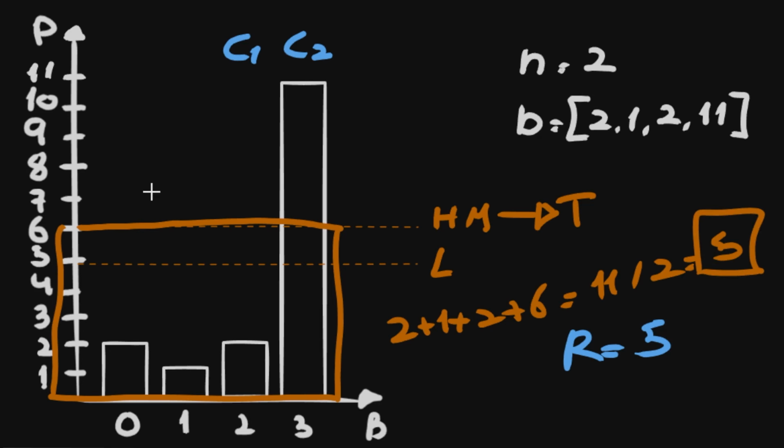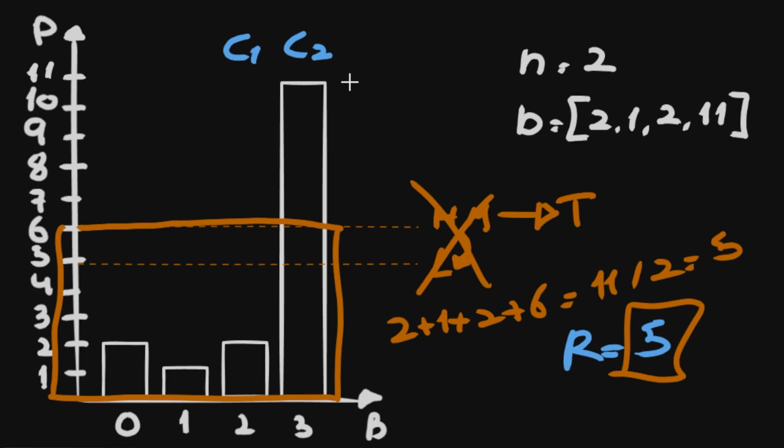Given that this is smaller than the current target, this is not a valid result, so the result stays at 5, and we update high to mid minus 1. And now high is equal to low, so now we end this loop and return 5.